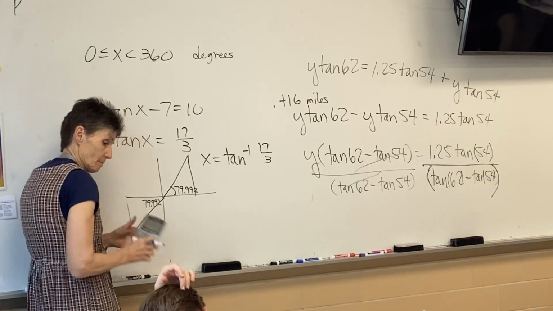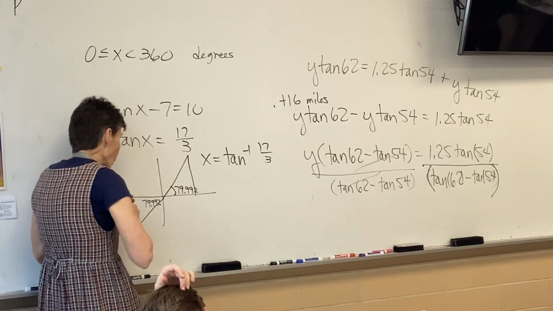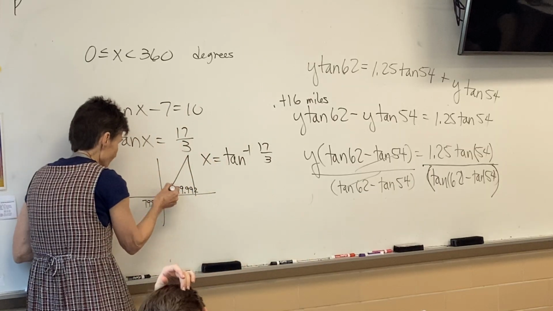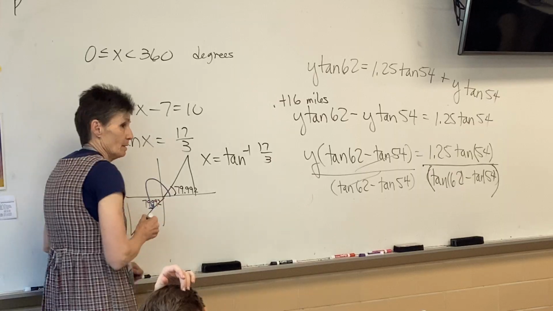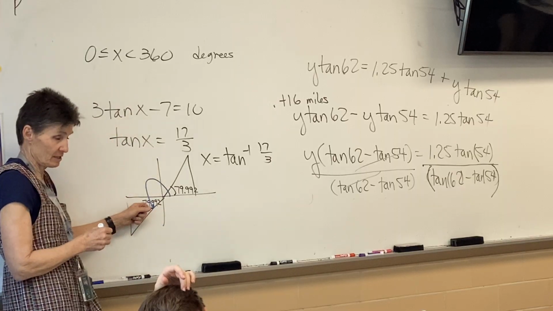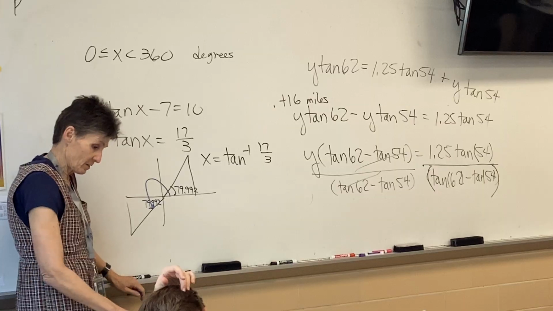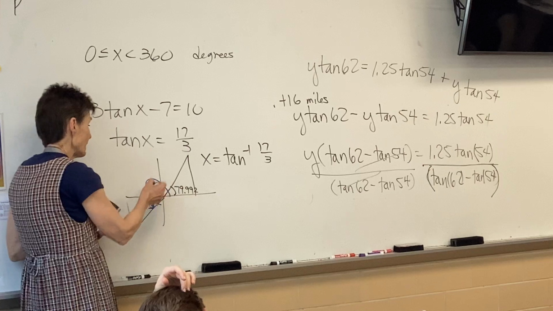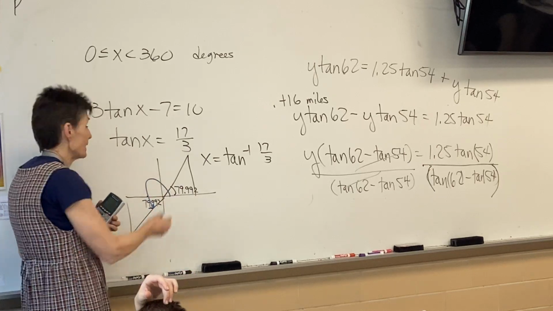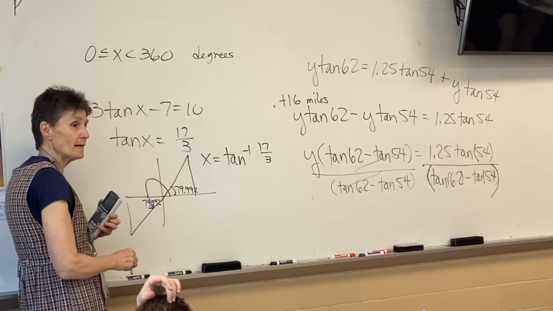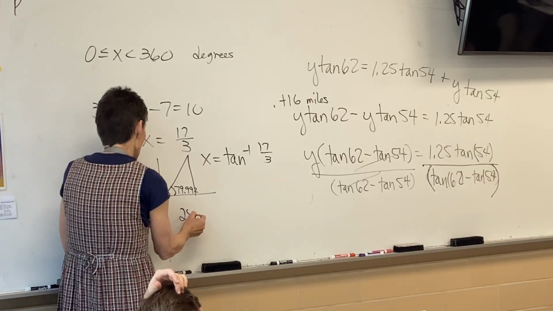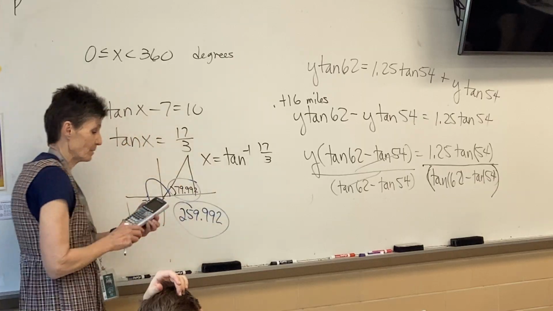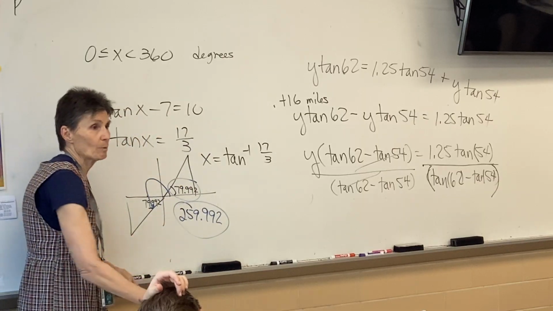So now you just need to figure out the third quadrant angle with a reference angle of 79.992. How will I figure that out? 180 plus. It's past 180, so it's 180 plus 79.992, which is 259.992. So there are the two answers to that problem.